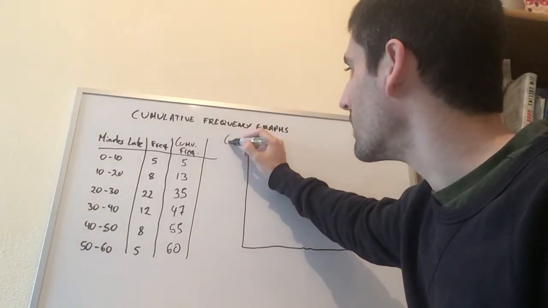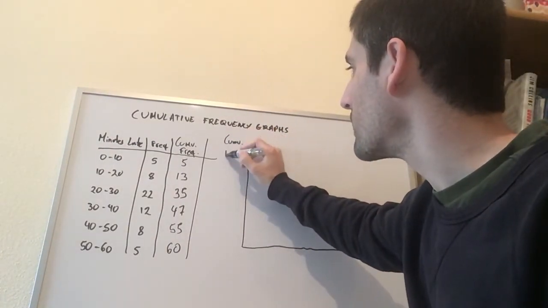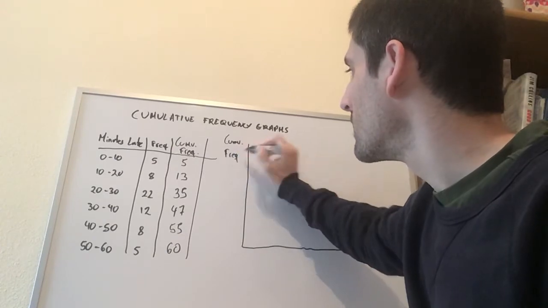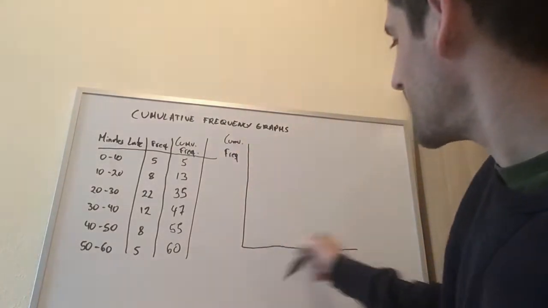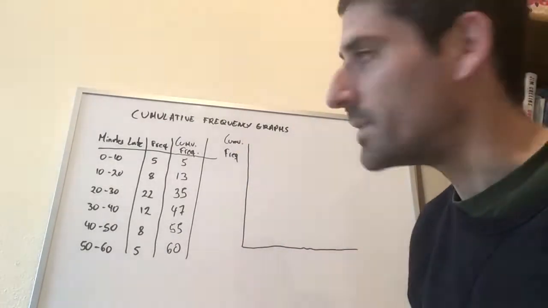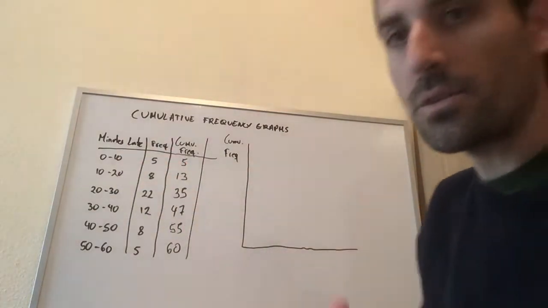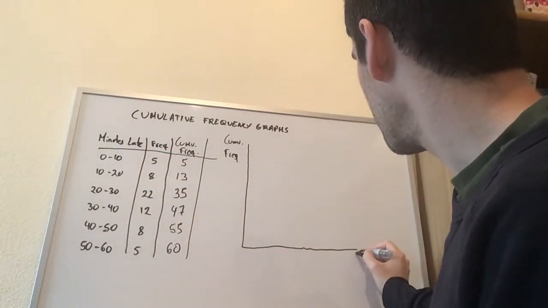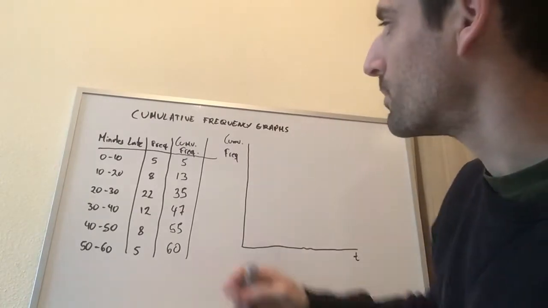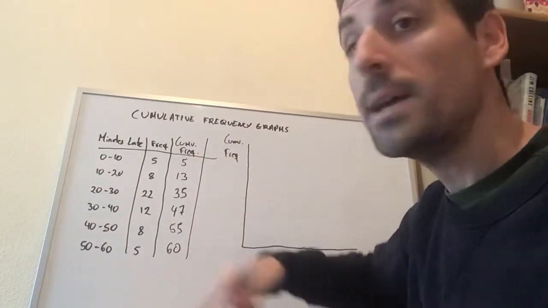Your cumulative frequency always goes on the y-axis, and here is whatever we're measuring, which is minutes late. So let's call it time for t. And we need to plot 1, 2, 3, 4, 5, 6 points.